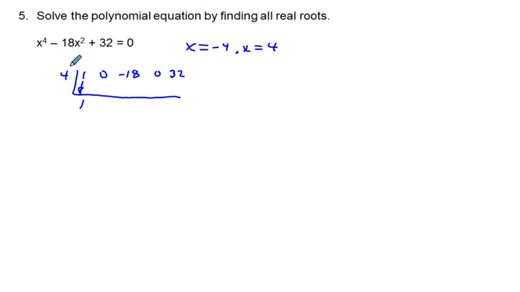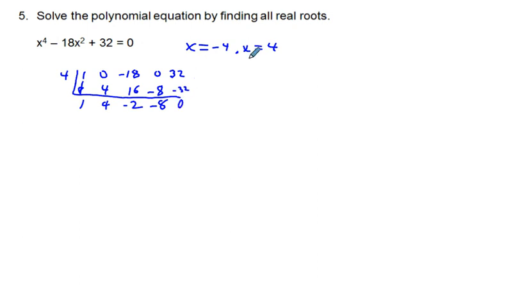So we get 1x cubed. 4 times 1, 4. 0 plus 4, 4. 4 times 4, 16. -18 plus 16, -2. 4 times -2, that'll work out, -8. 4 times -8 is -32. 0.